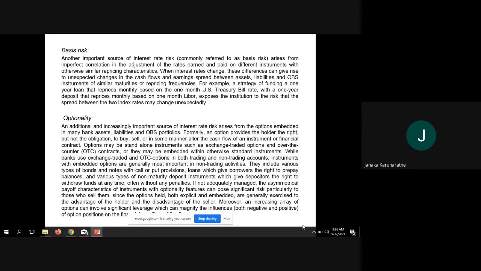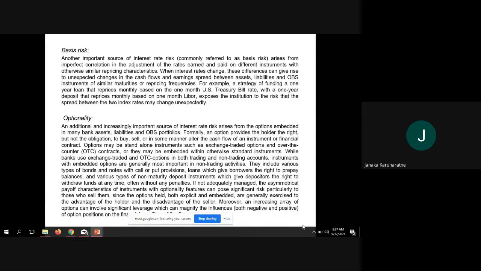Sometimes on your borrowing instrument or lending instrument, there is an option. I am not referring to those options, but option here means an opportunity given to either party. Let me take an example.